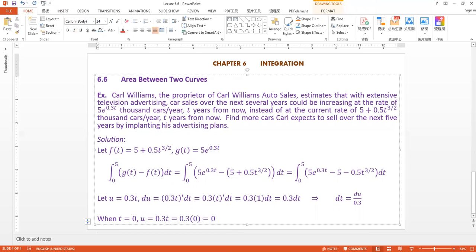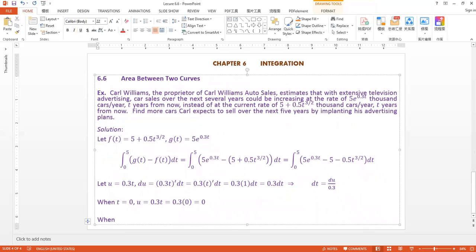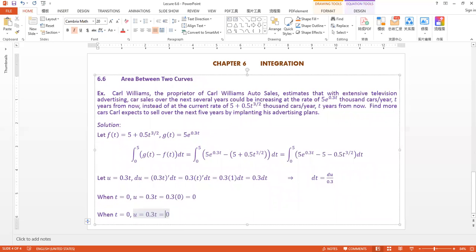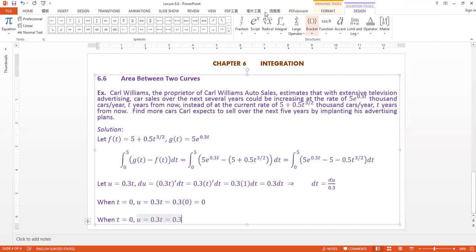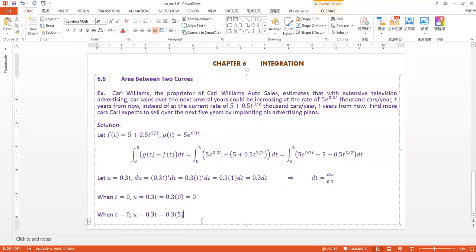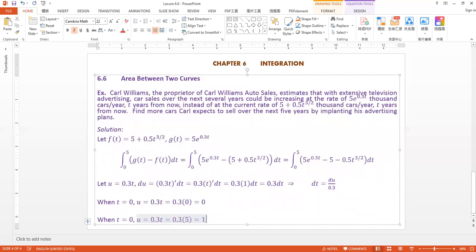And when t equals 5, then u equals 0.3t, so that's 0.3 times 5, which is 1.5, isn't it? So that's 1.5.